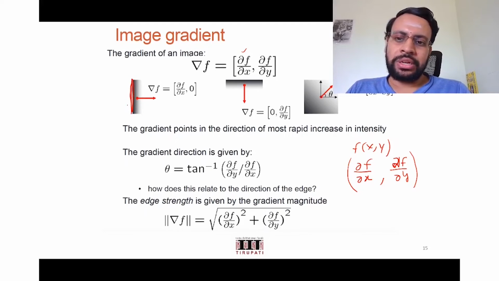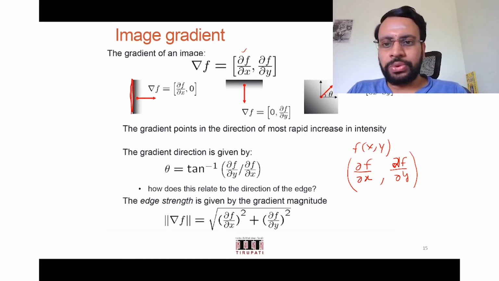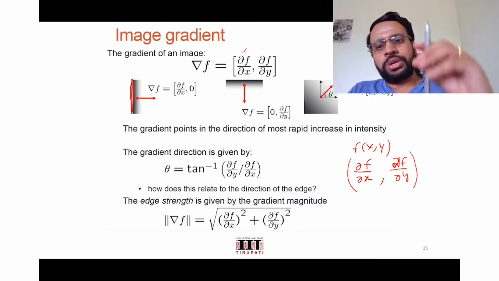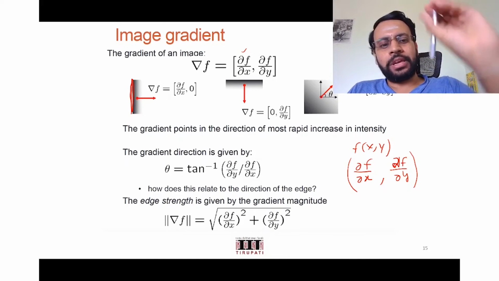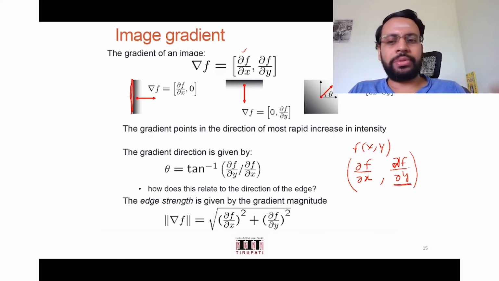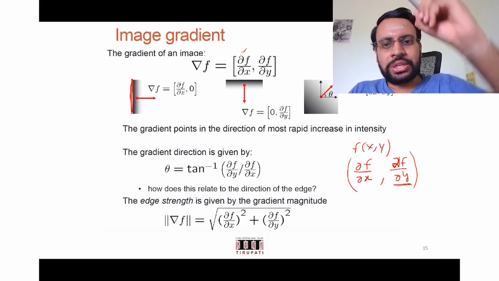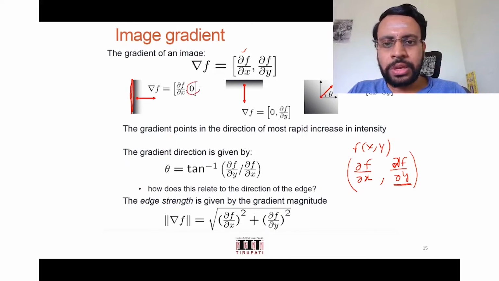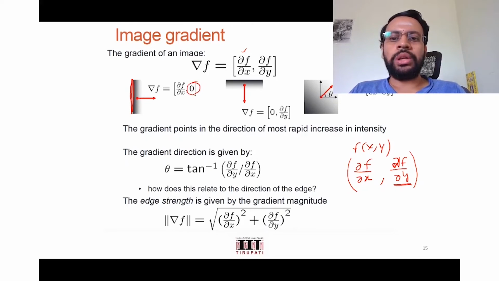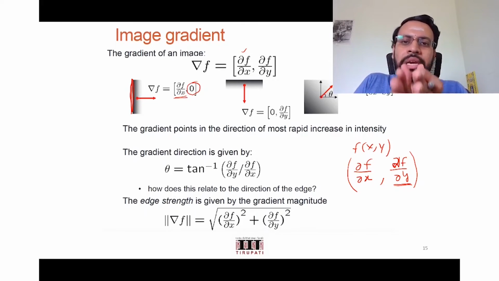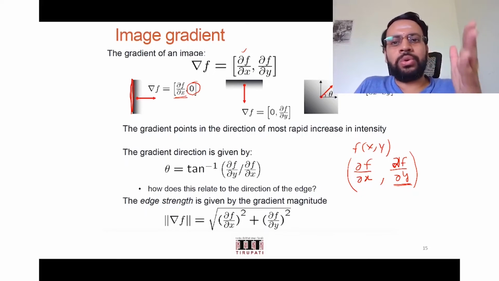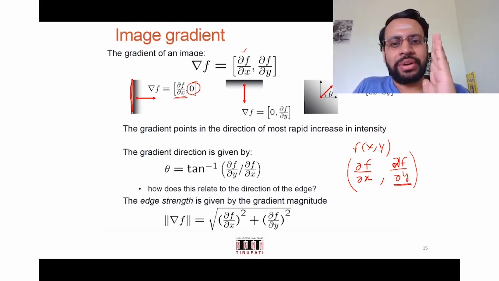If you are at this point and you compute the vertical derivative, that means ∂f/∂y, as you move in the y direction there is no change in the intensity, so this would be equal to 0. All you have there is ∂f/∂x. So the way you could interpret a gradient that has only the x component is that you have a vertical edge.